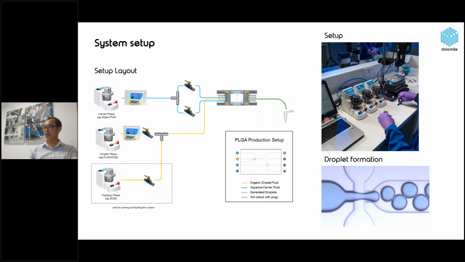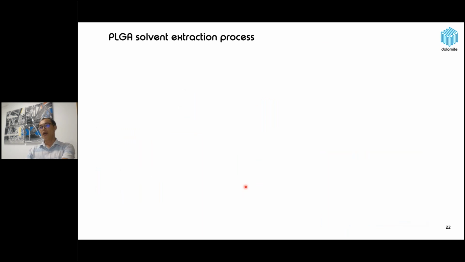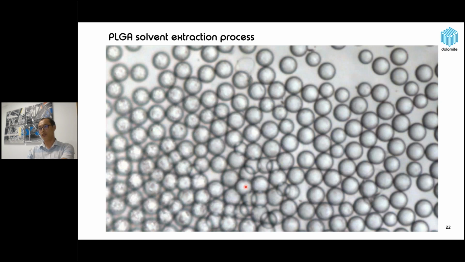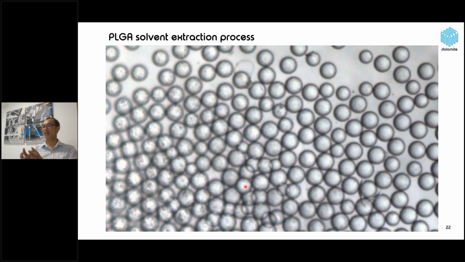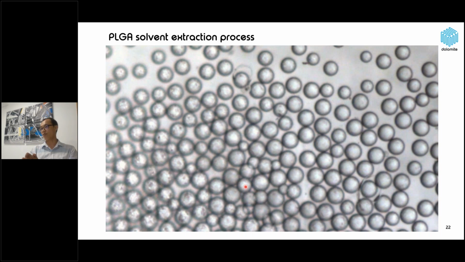And here is showing the droplet formation visualized under a microscope that happens inside the droplet junction. And the PLGA solvent extraction process is shown in this video. So this video shows the droplet after formulation that contains DCM and PLGA inside, with a size of 84 micrometer.